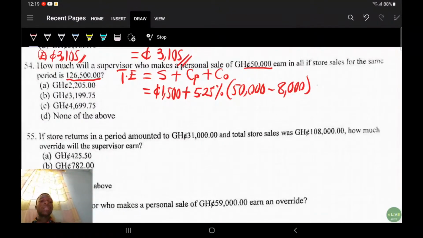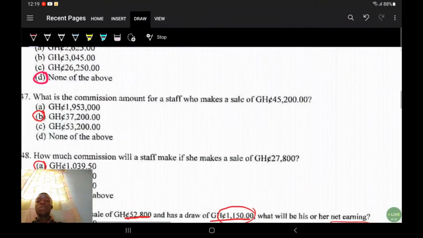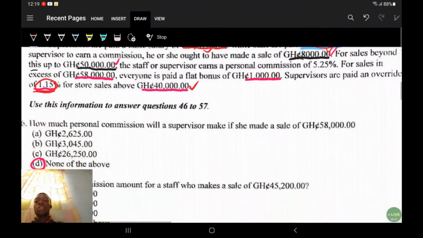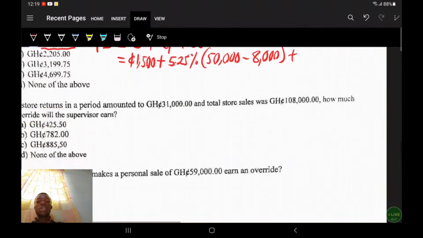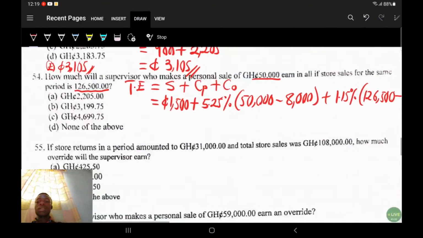Plus the override commission. Here too, we were told that for override commission, the store quota should be 40,000 and the rate should be 1.15%. So let's see how we calculate that. It's going to be 1.15% multiplying 126,500 minus 40,000.